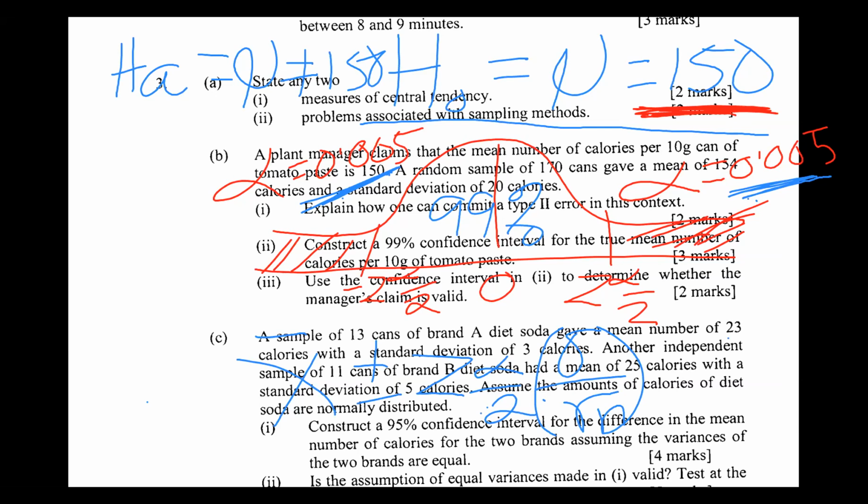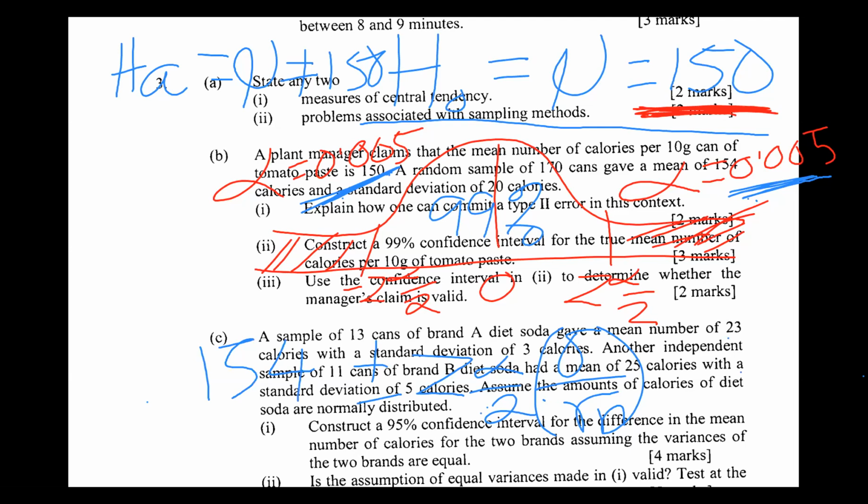So let's start from the mean, x bar. What is our x bar? The sample mean is 154, right? 154 plus or minus.